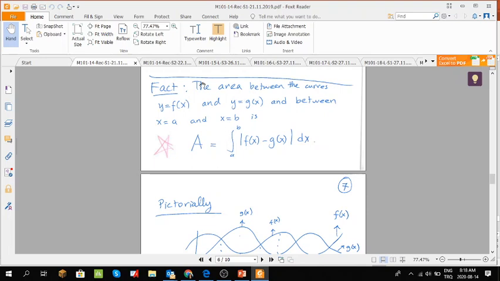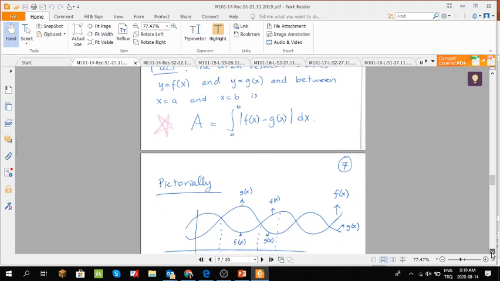There's a fact, which is a new thing. The area between the curves y equals f(x) and y equals g(x) on the interval a to b is the integral from a to b of the absolute value of f(x) minus g(x) dx. Why do we do that?